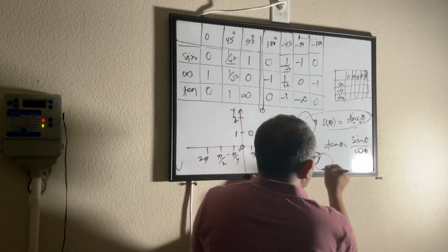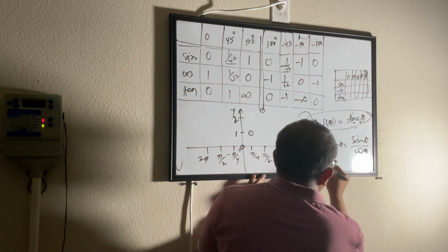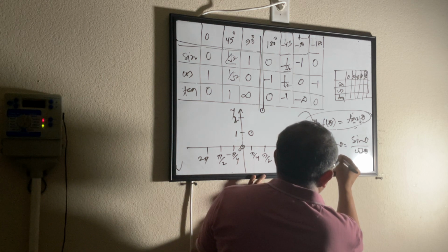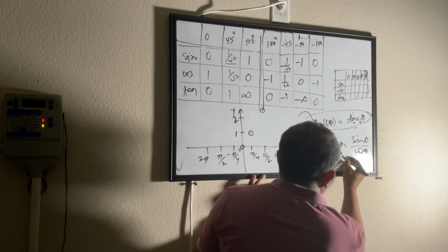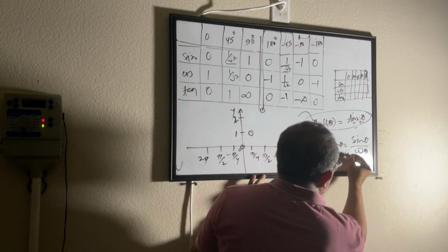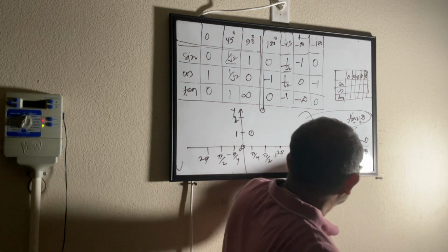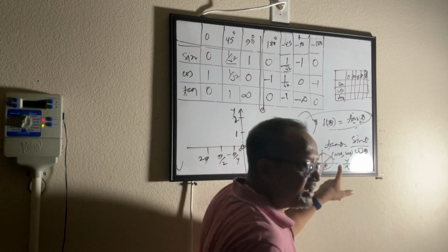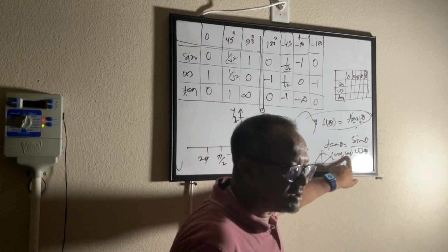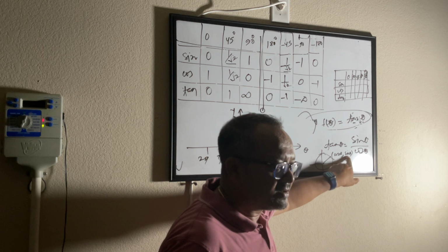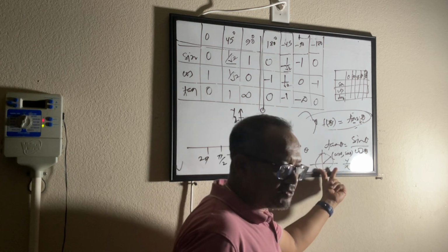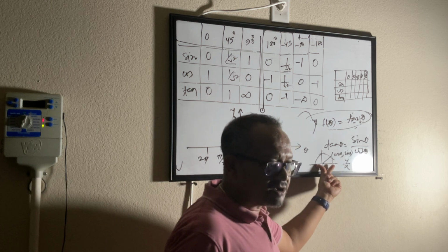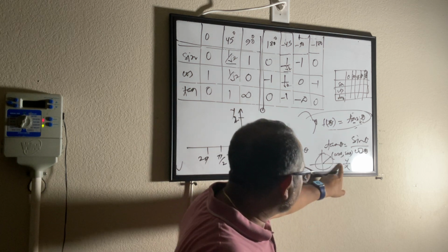If you compare that with the unit circle, cos theta is this one, x-axis, and sin theta is nothing but y-axis. Tan theta is sin by cos, meaning y by x, right? Y is your sin theta, I mean y value, this one, and x value is cos theta.